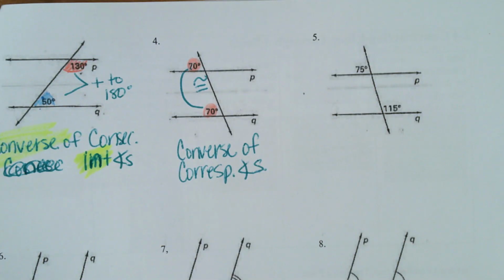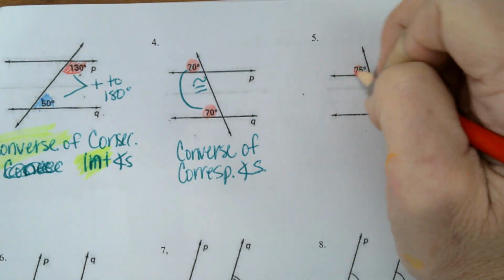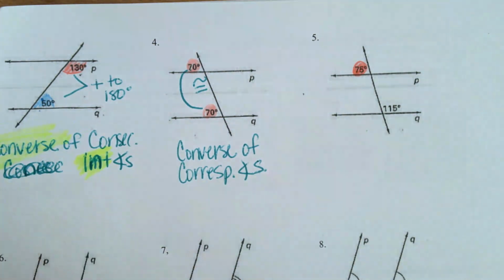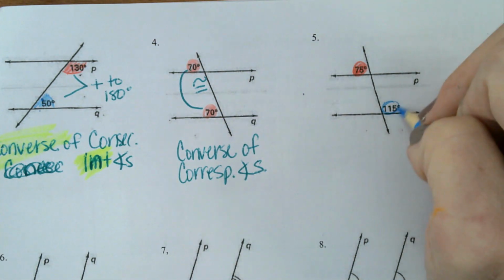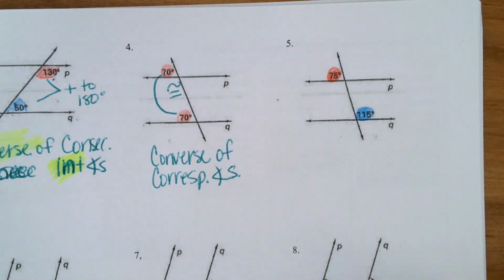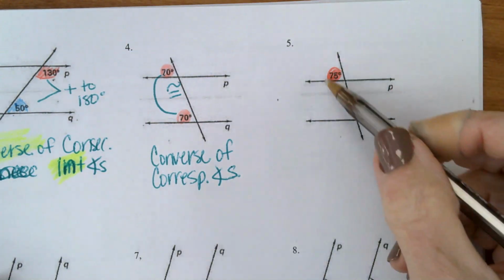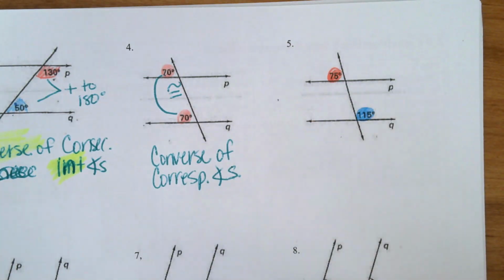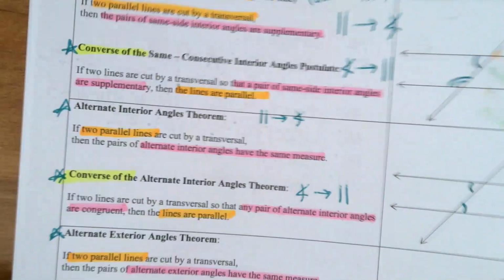All right. Oh, look. Kind of like our warm-up. You see that right there? You have a 75 and a 115. Okay. So if this was a quiz or a test question, if I were to do this, these do not have a direct relationship as shown on this page right here.